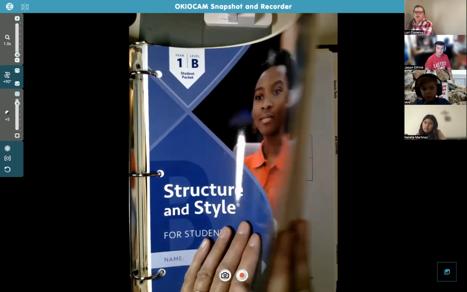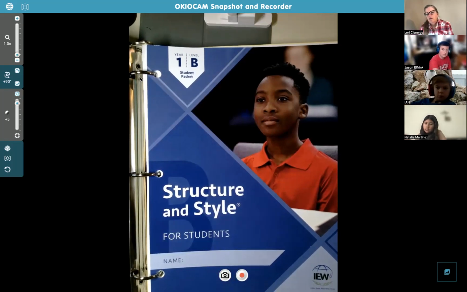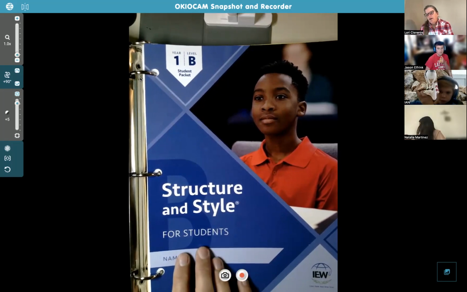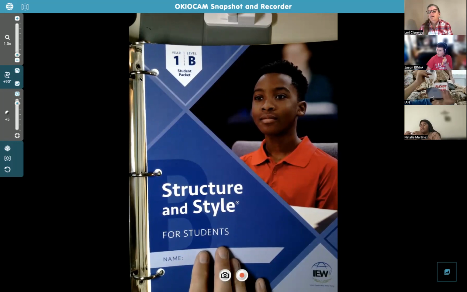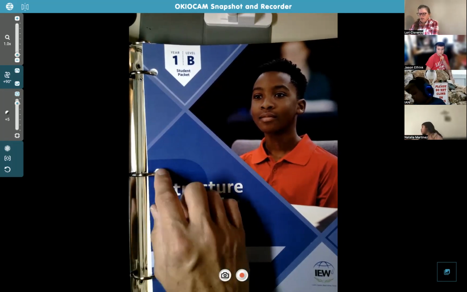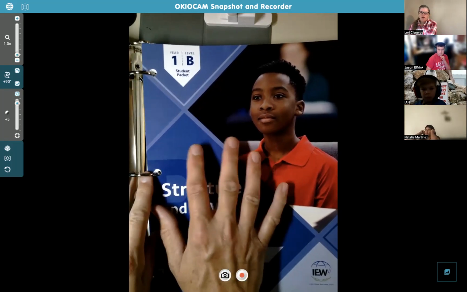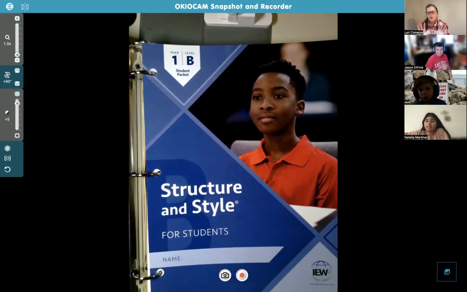All these papers, are they in the rings? No, they're still in this binder. Because you know, when you first get it in the mail, it's wrapped in plastic. But when you open up your binder, do you see it inside the rings already? All these pages are in the rings? Yeah. Okay, good. That's what I wanted to know.